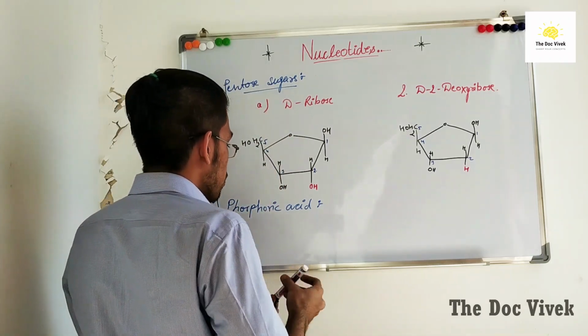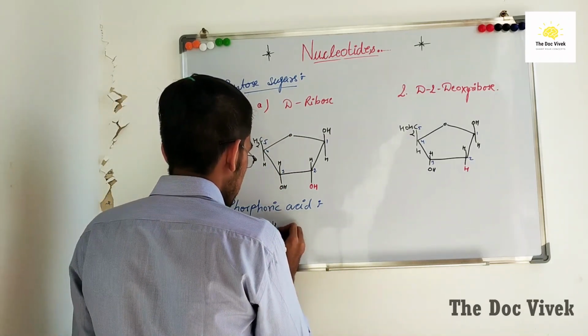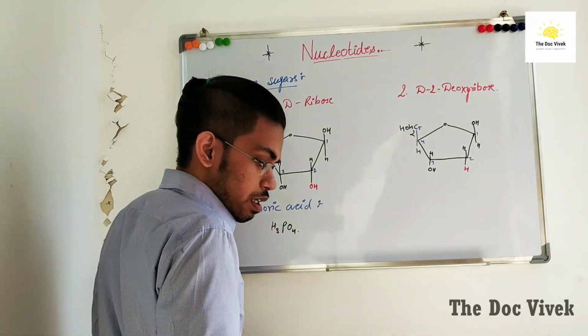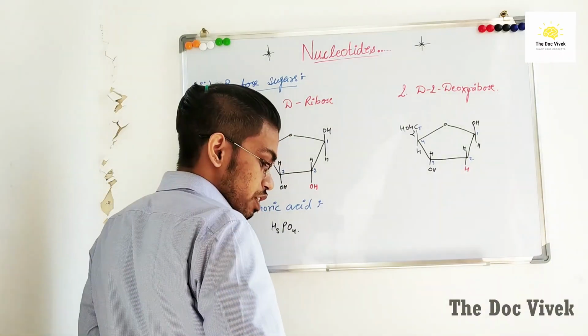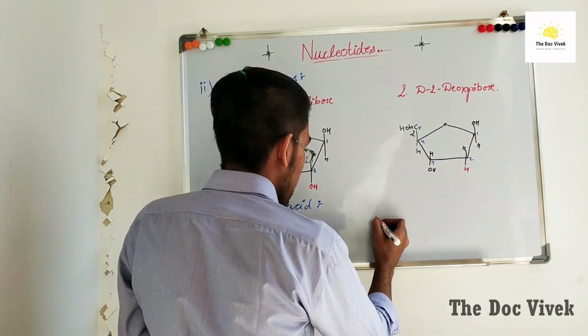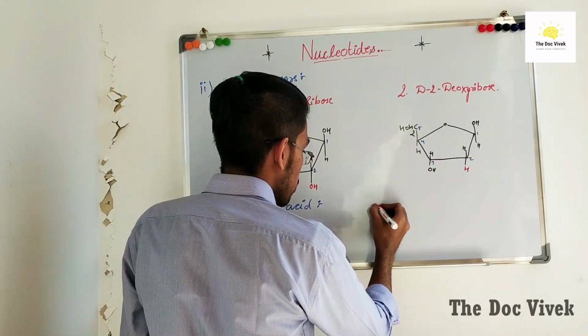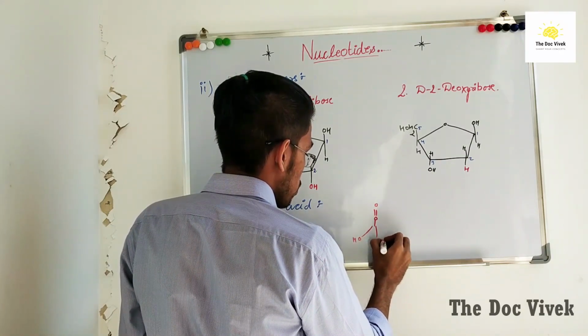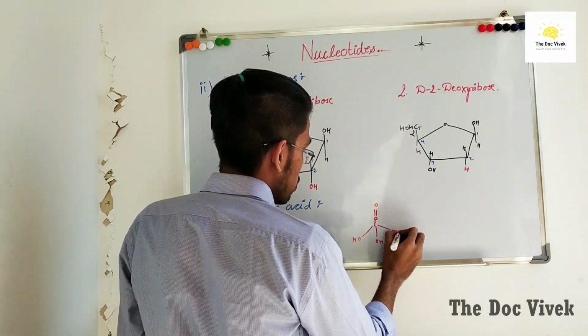The chemical formula of phosphoric acid is H3PO4, and the structure of phosphoric acid is somewhat like this: P double bond O, OH, OH, then OH.